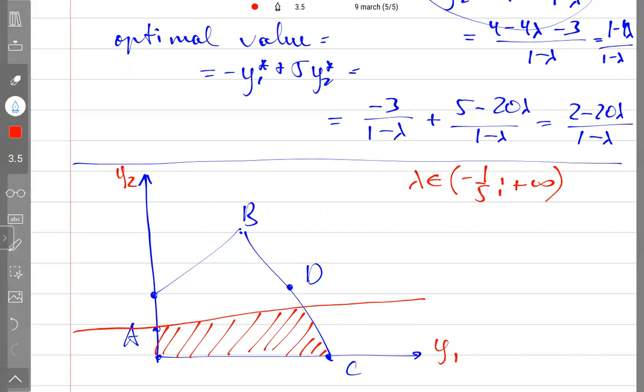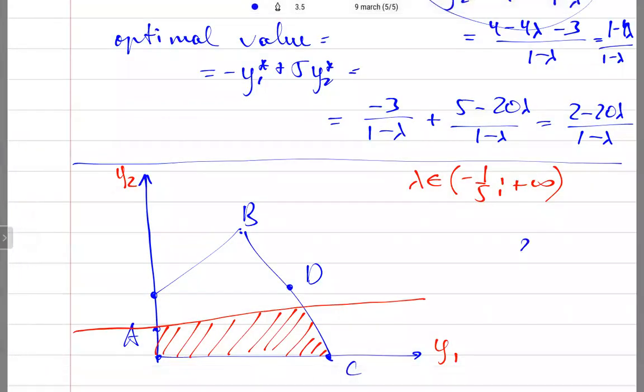Where will be the optimum? So where is the optimum? 0, 1. Where? 0, 1. Yeah, exactly, in the point A. Yeah, A will be optimal point. Optimal point is A star.